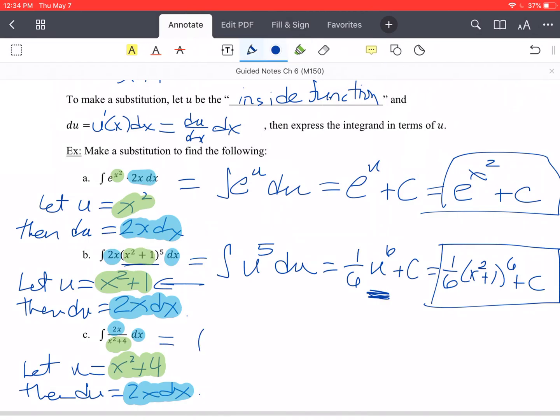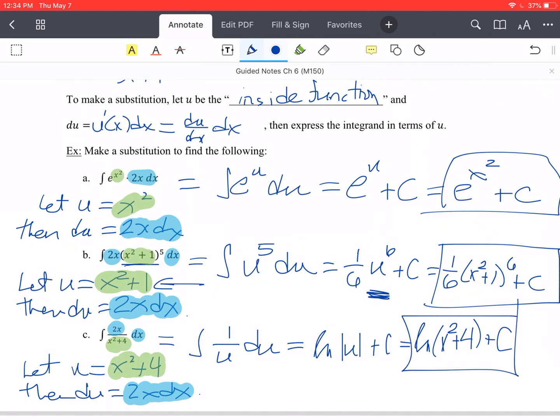So this gives us the integral of 1 over u du, which the antiderivative of 1 over u is ln of the absolute value of u plus c. Okay. And now when we sub back in, x squared plus 4 is always positive, so we don't need the absolute value on it. You can leave it on though if you want. That's not a problem. And that would be it.